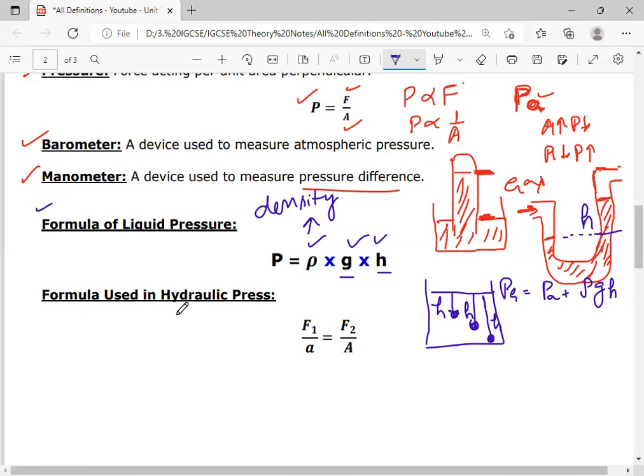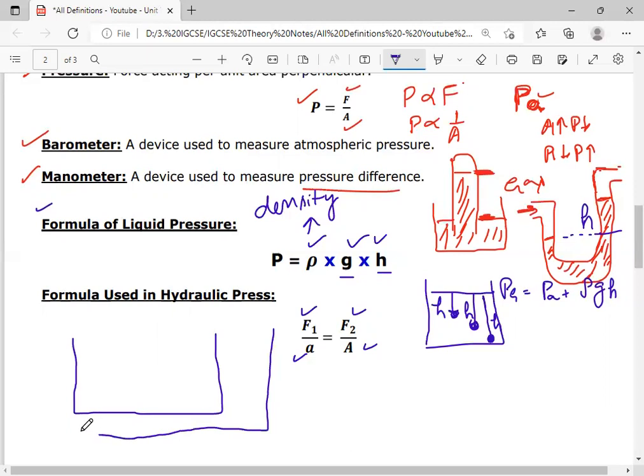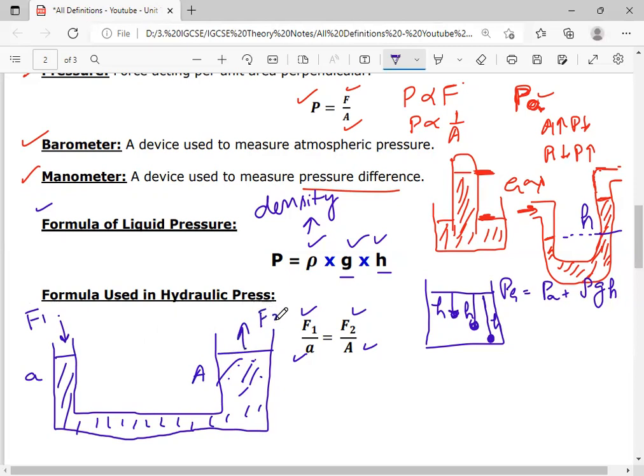And then the formula used in a hydraulic press, where we can apply Pascal's law, will be F1 over small a is equal to F2 over capital A, and the diagram will be like this. If we have two cylinders, one of the larger area and the other of the smaller area, and we have applied the force F1 on the smaller area, and then there is a liquid, and then this will be the larger area, and F2 will be exerted in the upward direction.